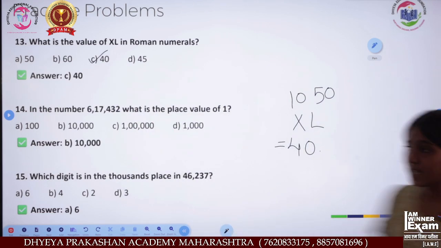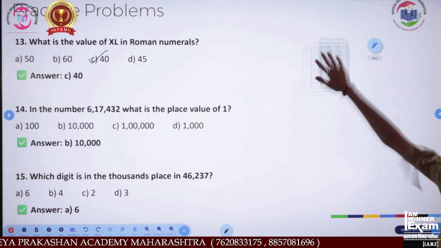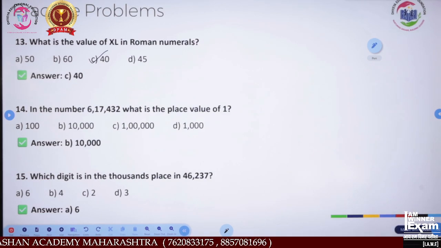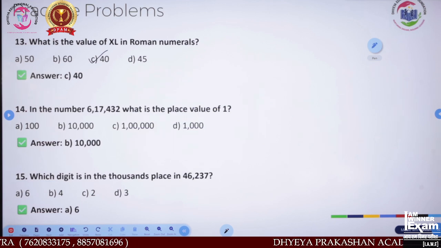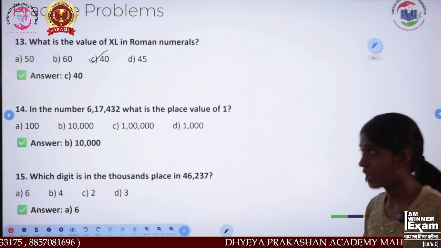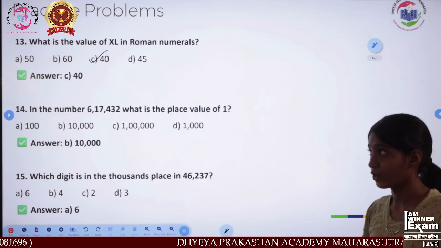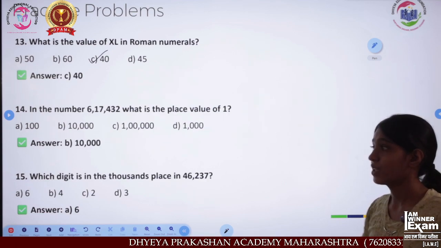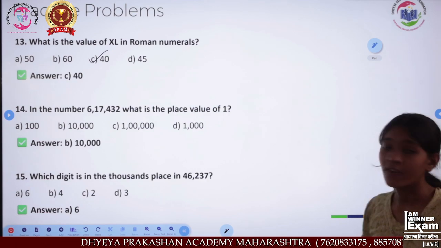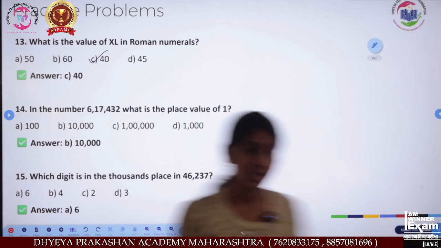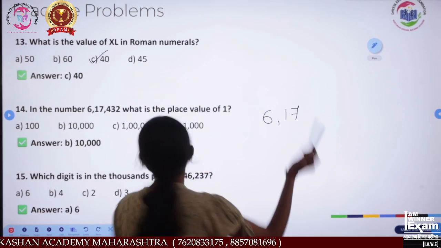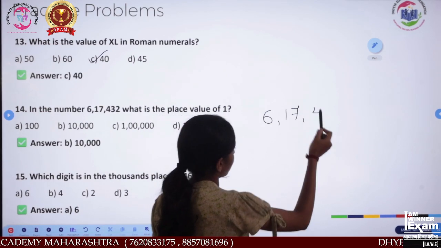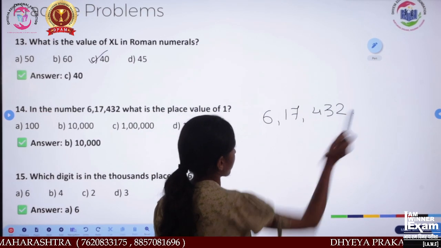Let's take the next example. In the number 6,70,432, what is the place value of 1? They ask the place value of the digit 1.